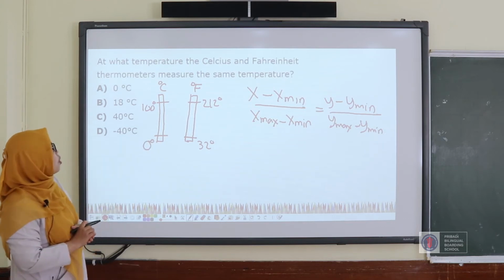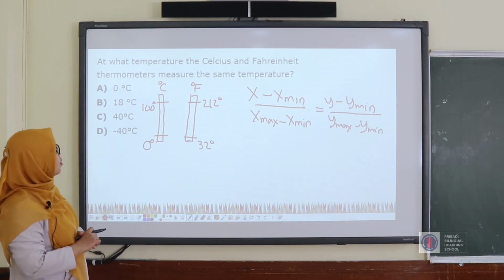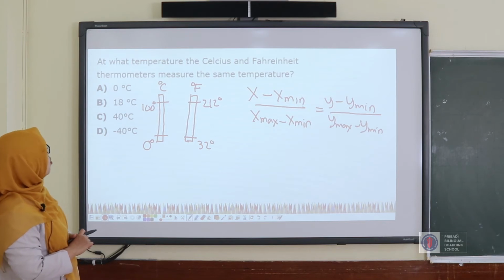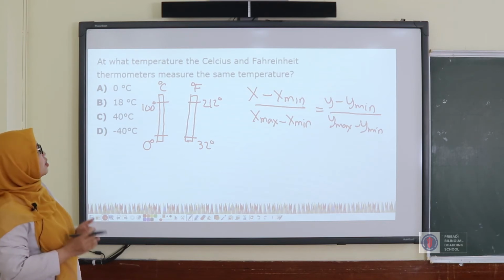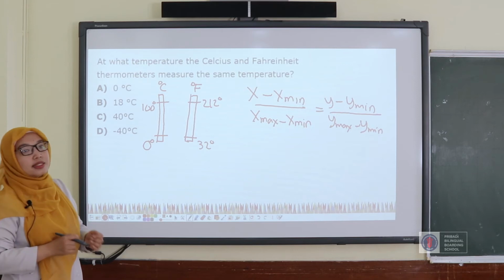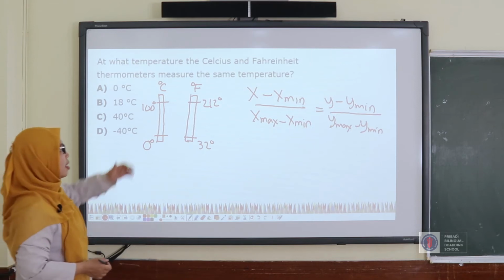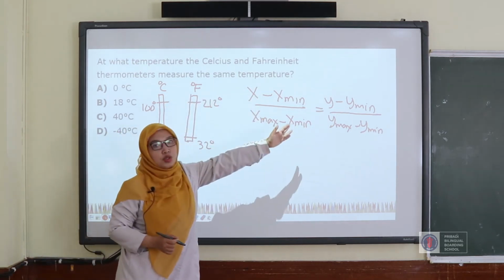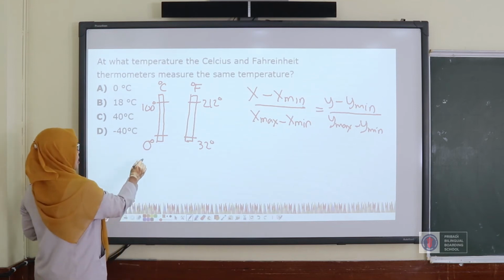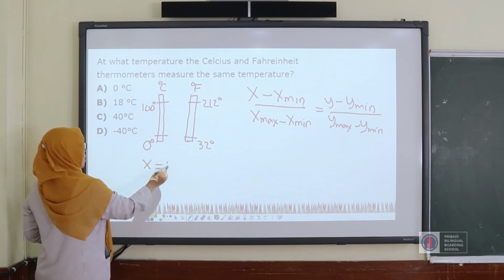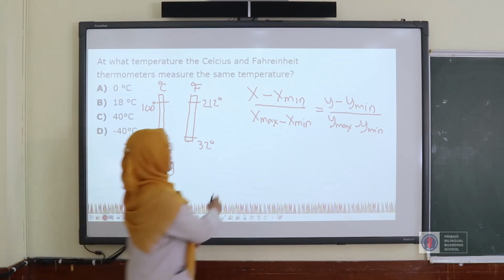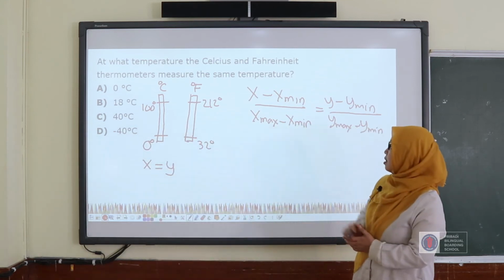Okay, and from the question we have to find at which temperature the Celsius and Fahrenheit scales measure the same temperature. It means that X must be equal to Y. Okay, let's derive it.